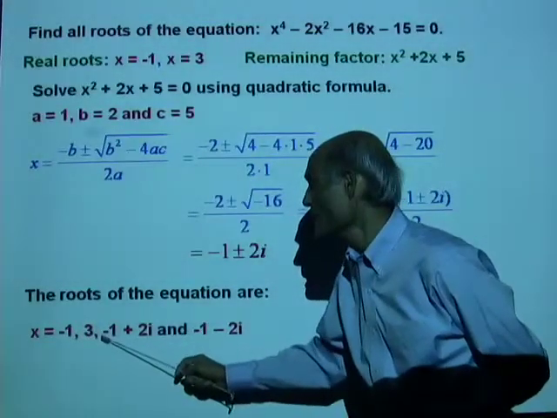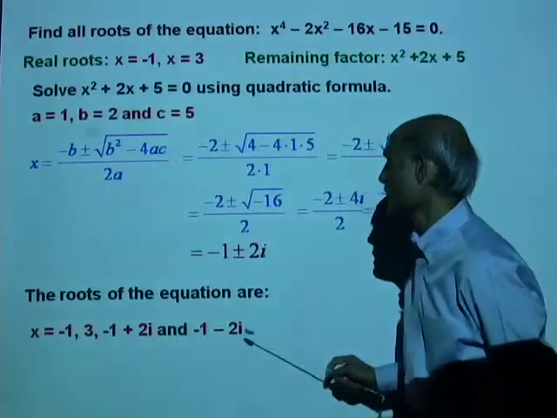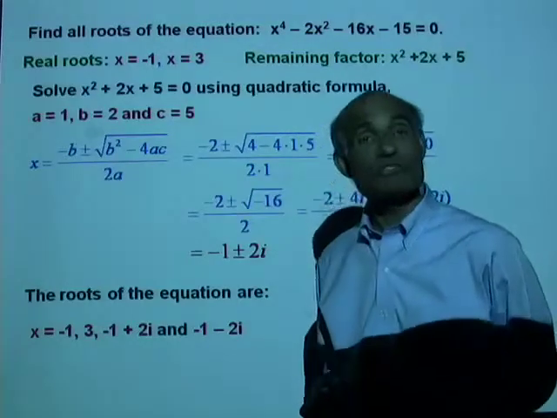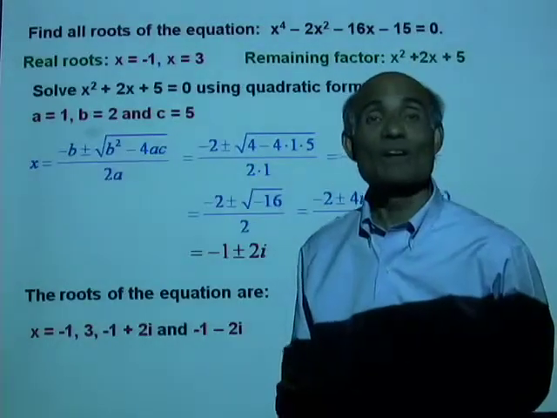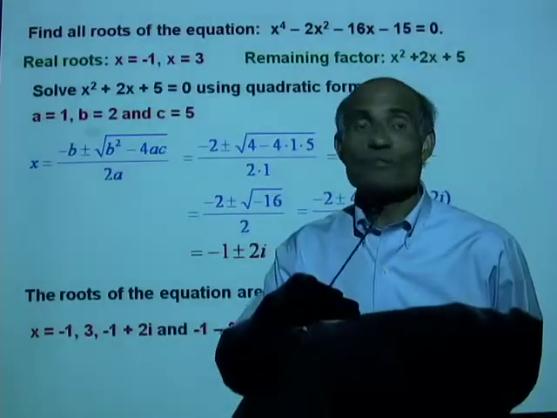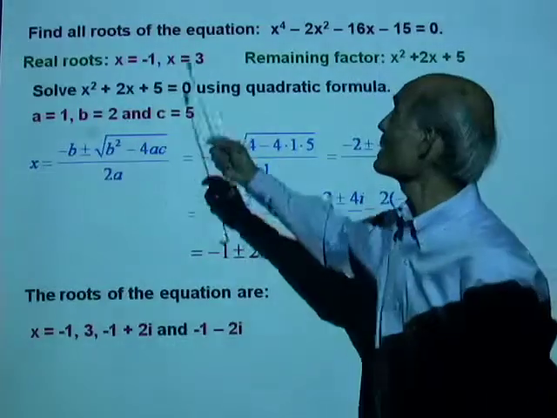In fact, the zeros of a polynomial are the same as the roots of the polynomial equation when it is set equal to 0.